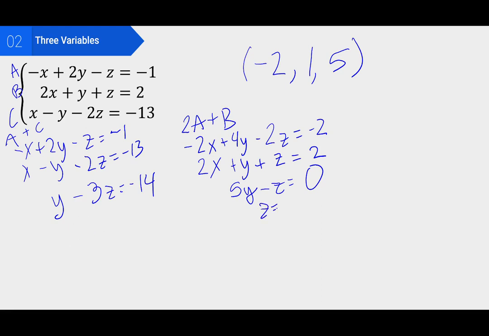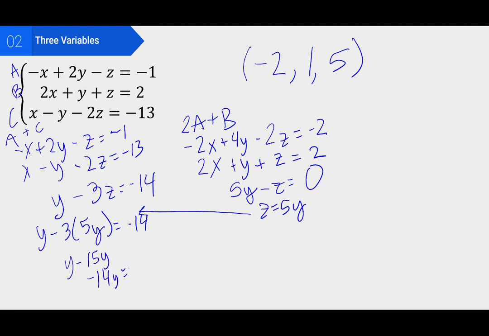Z equals 5y. Right, move that over, divide by negative 1, plug that in here. So y minus 3 times 5y equals negative 14. So that's y minus, ooh, this could be nice. Negative 15y is negative 14y equals negative 14, and y equals 1.